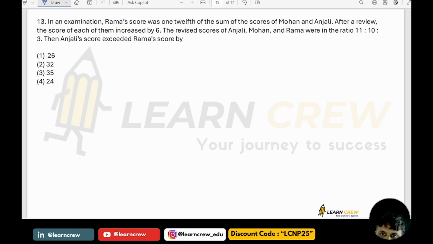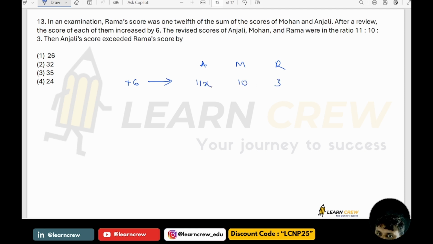The revised scores of Anjali, Mohan and Rama were in the ratio 11 is to 10 is to 3. So when increased by 6, their scores are in the ratio 11 is to 10 is to 3.